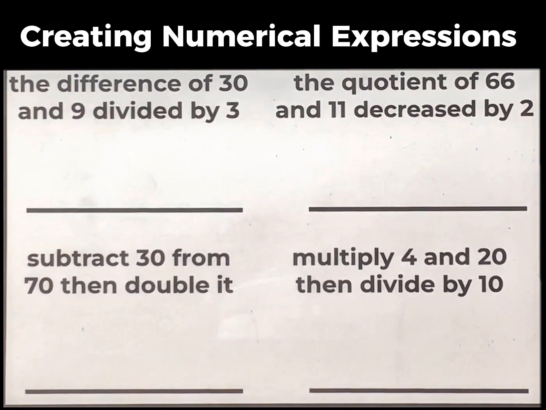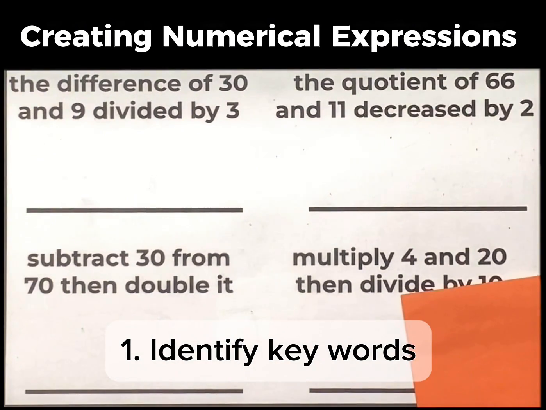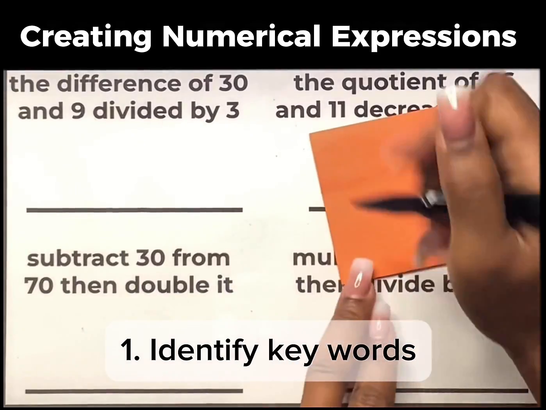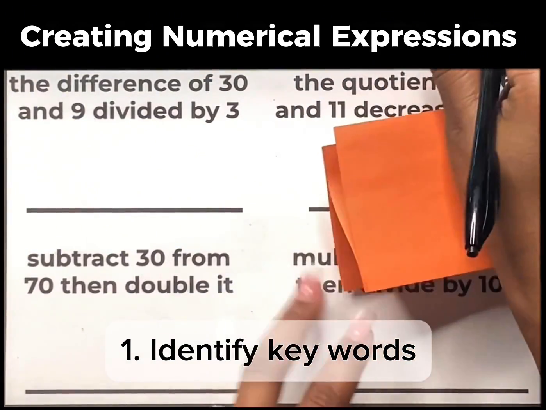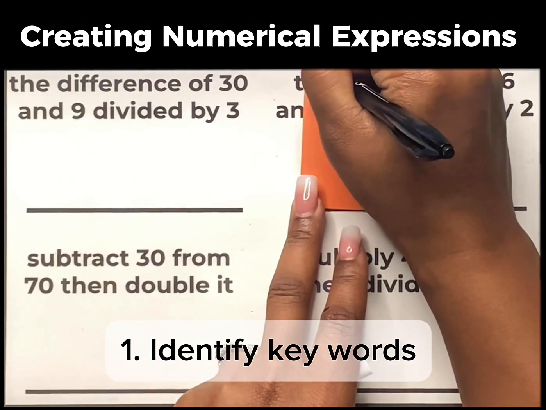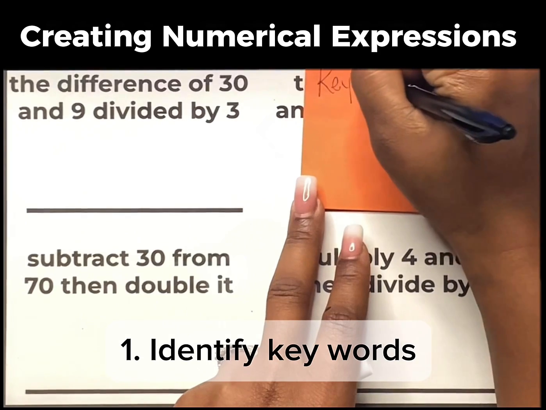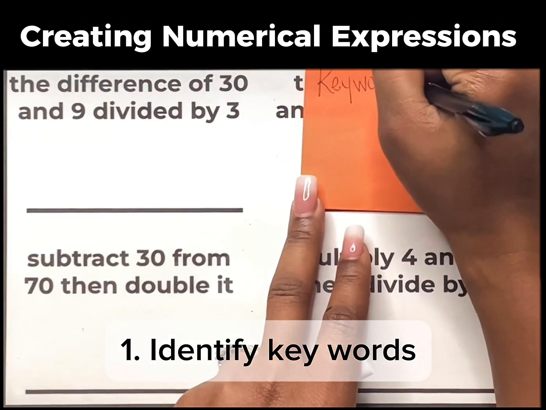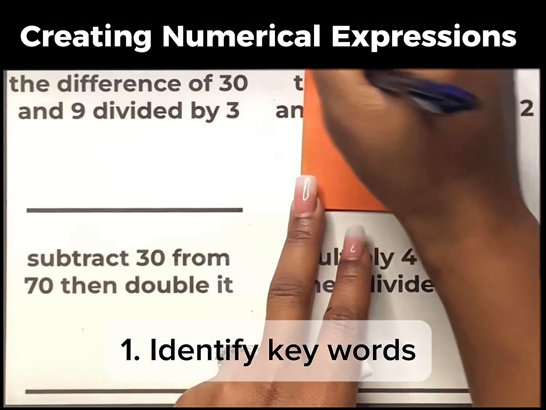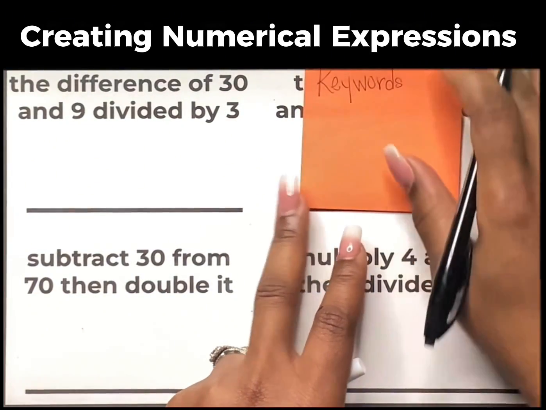So the first thing we want to do is identify key words. When I say key words, I mean what operations will be in this numerical expression that you create. If you're on notebook paper, write keywords. That's step 1. S1, keywords.